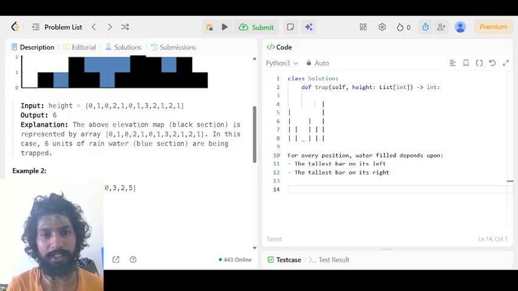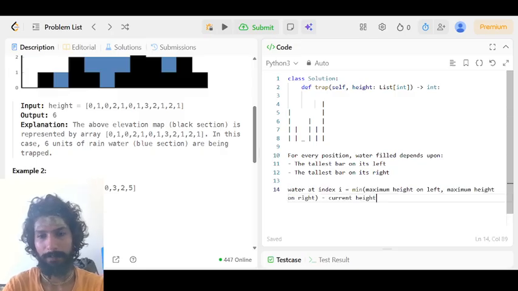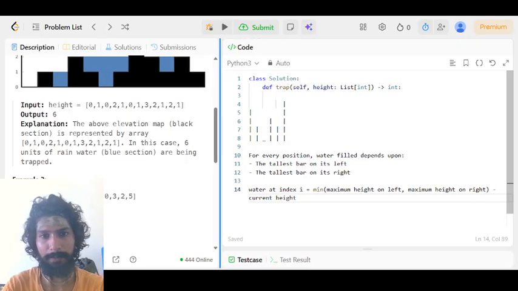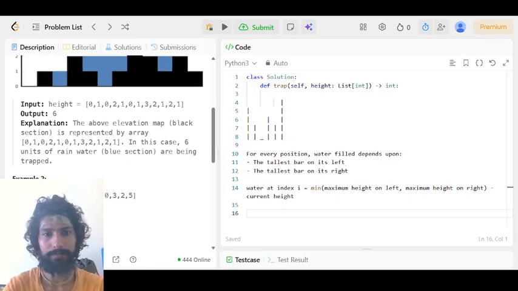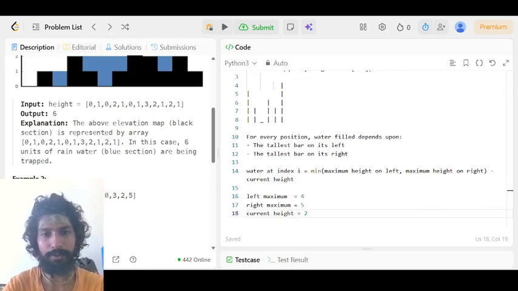Therefore, water at index i equals minimum of maximum height on left, comma, maximum height on right, and minus current height. For example, left maximum equals 4 and right maximum equals 5 and current height equals 2.